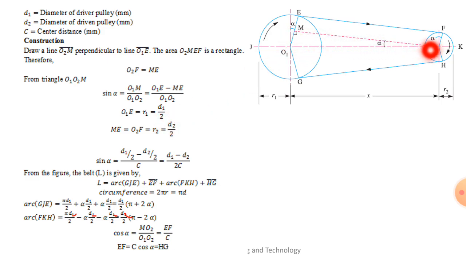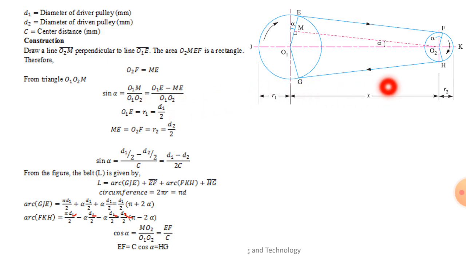After drawing this, you will get one rectangle, O2MEF, such that opposite sides are equal, that is O2F is equal to ME. O2F is nothing but the radius of the driven pulley, so that is equal to distance ME.